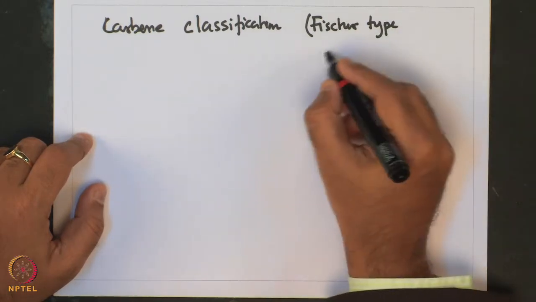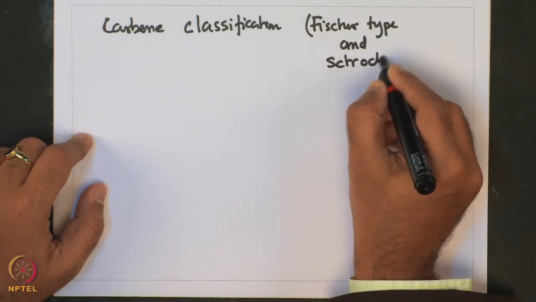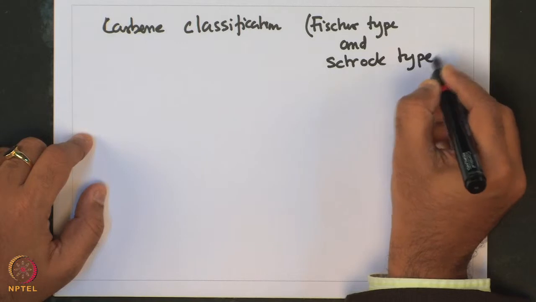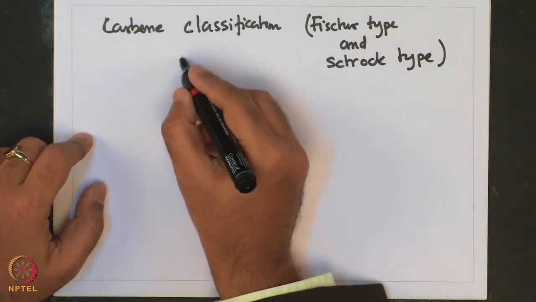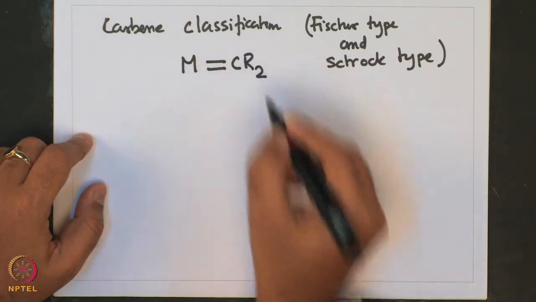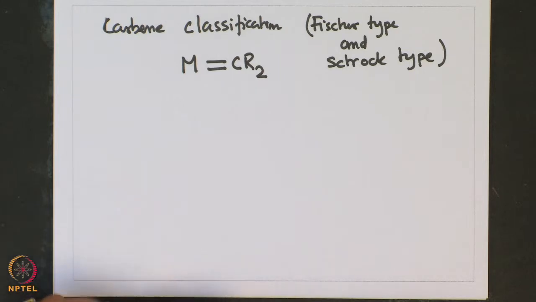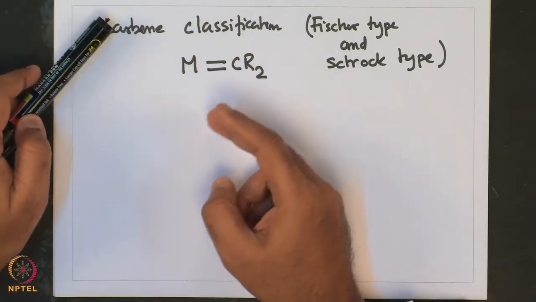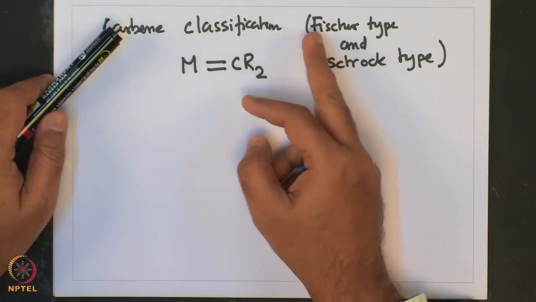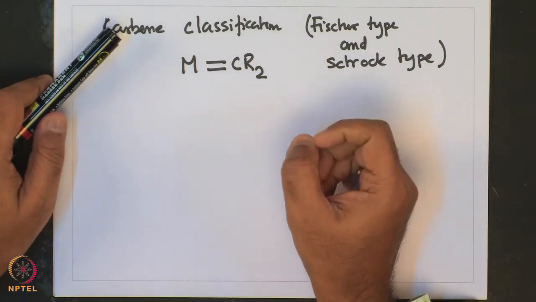Fischer type and Schrock type. So, even though a carbene is represented by CR2, the electronic nature of bonding differs. The type of bonding differs between Fischer type as well as Schrock type carbenes.